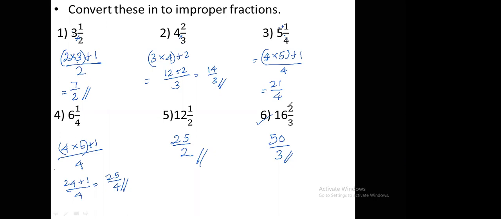Teacher, the answer for the sixth one is 50/3. Right. Sanuka, finish?